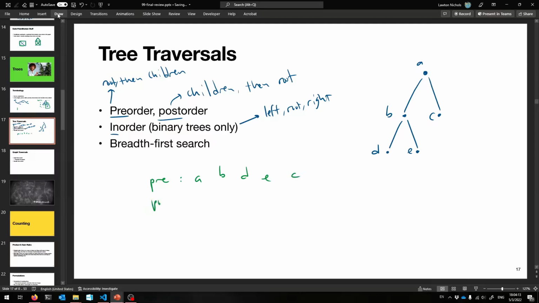That's pre-order. Post-order is kind of the opposite. It's always children first, then the root. So start at the root, but we've got to visit recursively the children first. Recursively visit the left subtree, recursively visit the right subtree, visit A last. You can think of it that way. Like the last thing we see is going to be A in the post-order traversal.